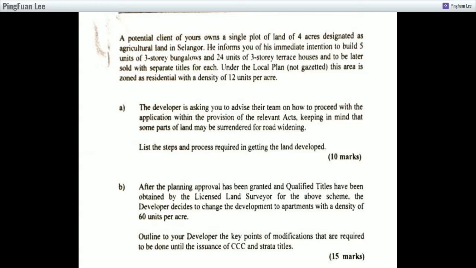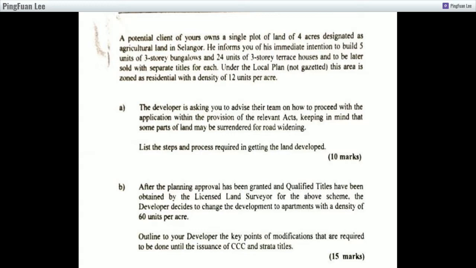Question B stop at QT. Question B. Oh, we start from QT. Basically, QT starts once your land matter is approved, right?